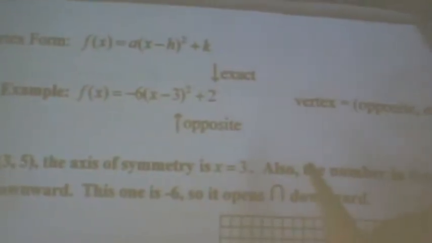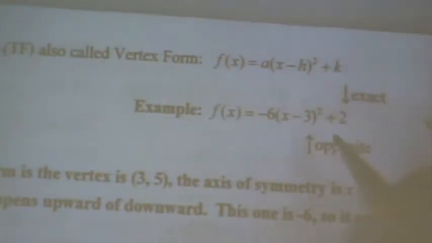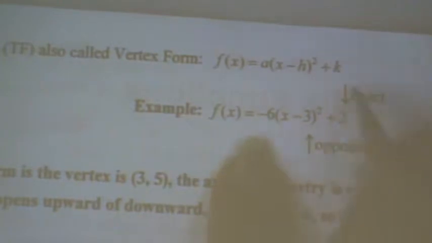This is all review, guys. This form, and if you see it abbreviated TF, transformation form, is also called vertex form. There's 2 names for it. What you can get out of this form quickly without doing any math is, see this a value?